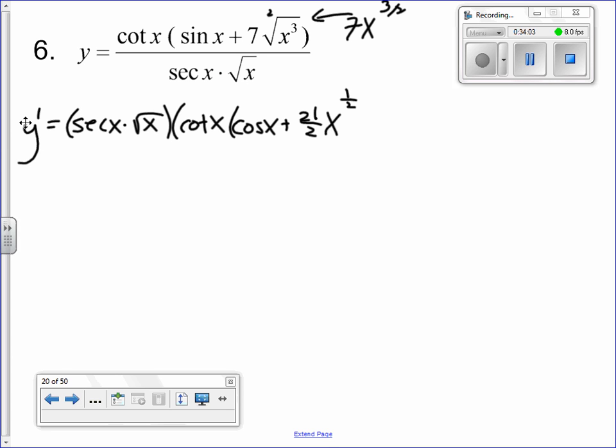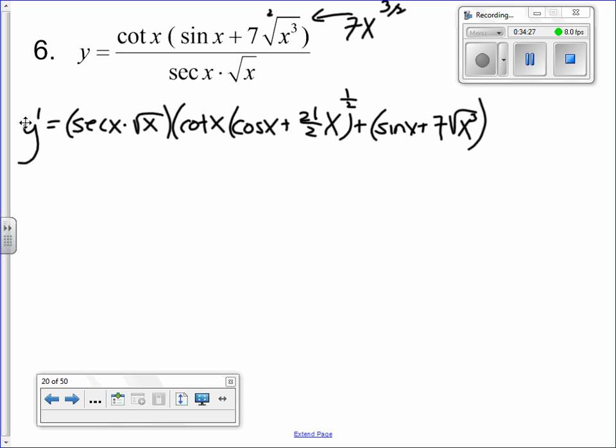Right now we're in the middle of D high. We've got the low, and we're starting D high. We have first times derivative of the second, plus the second times the derivative of the first.